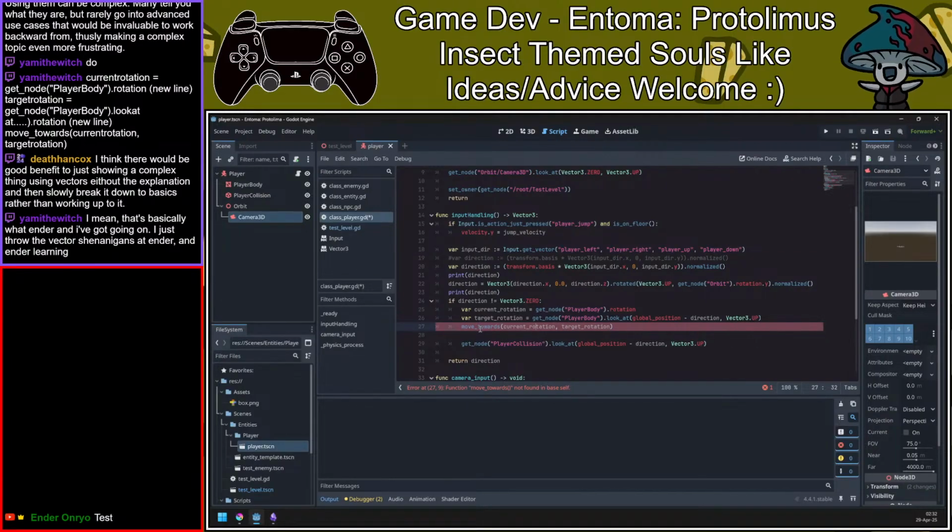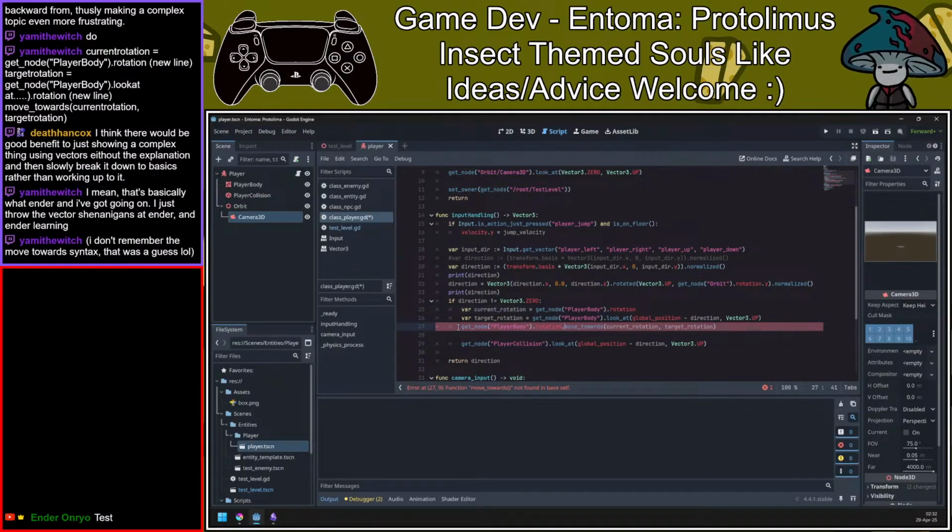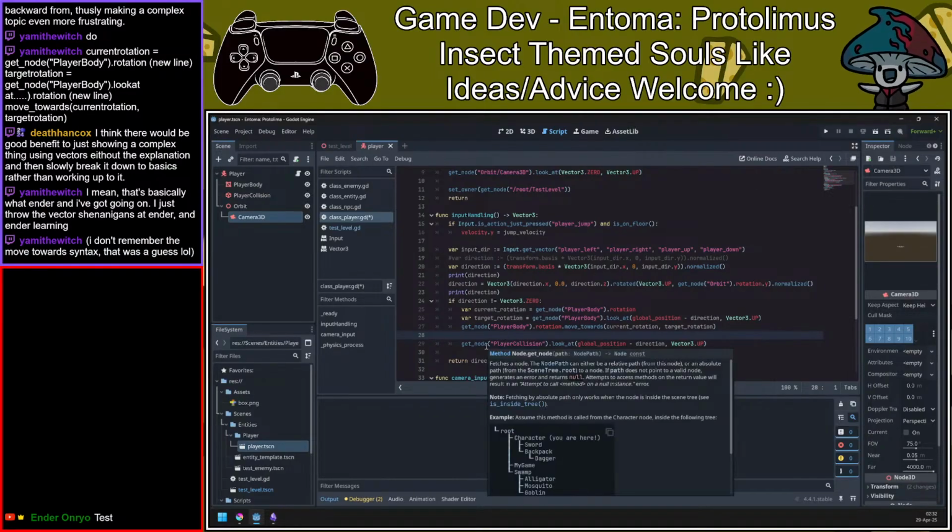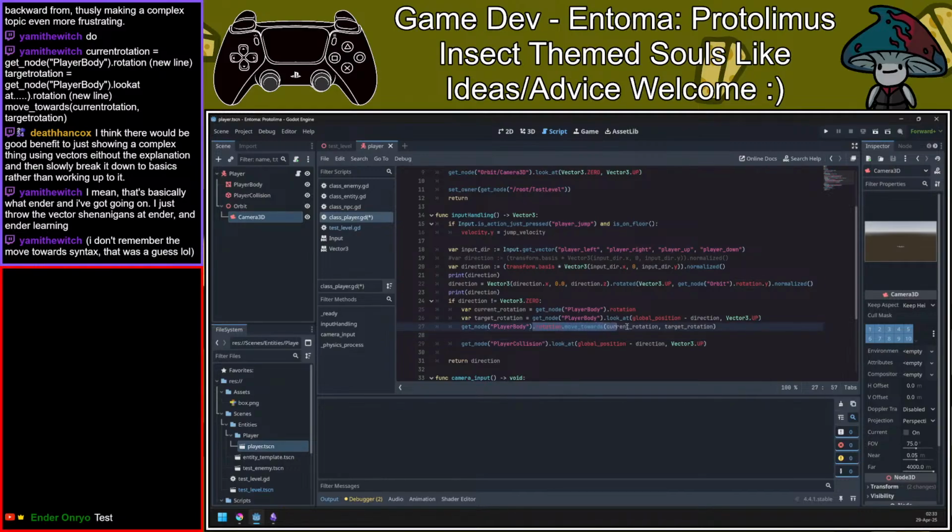Function move towards not found in base self. Oh, this. Don't know by how many steps. And then same for the collision. Okay, we'll see what this does.